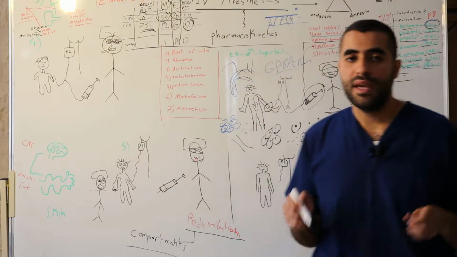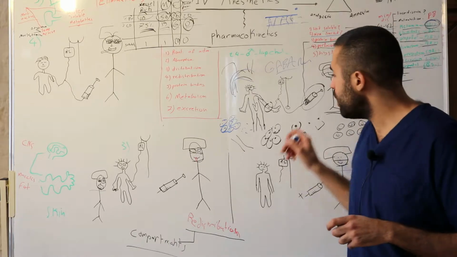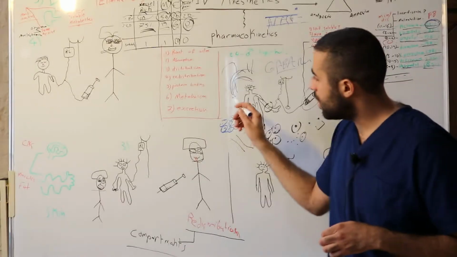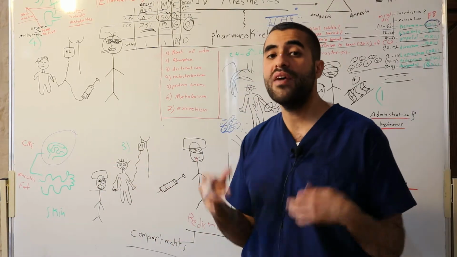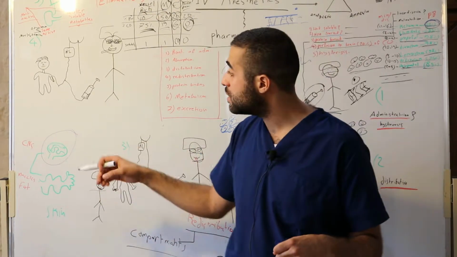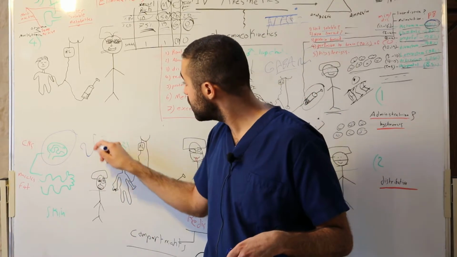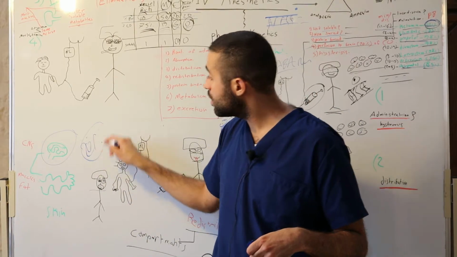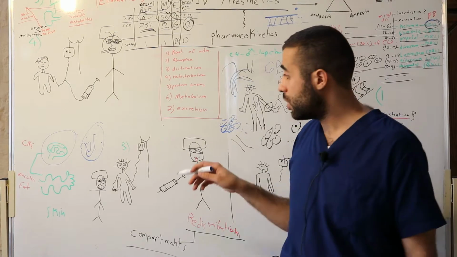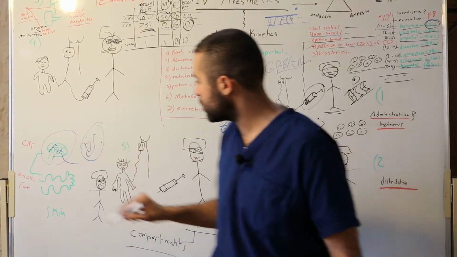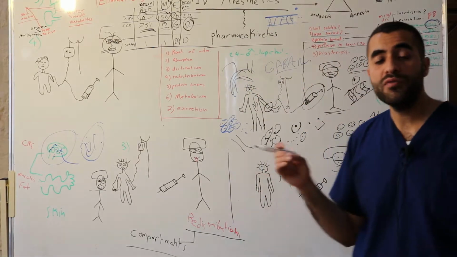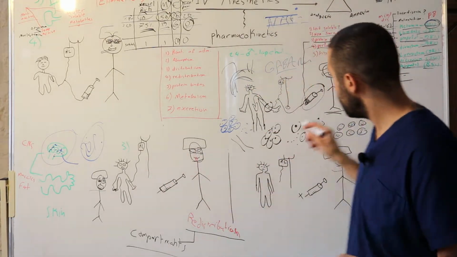The answer is, when you give the patient the IV anesthetic, as I told you, it will go first to the brain in a fast manner, because the brain has 20% of the cardiac output. So the drug will go to the brain and apply its action. But you have to remember there are other tissues.